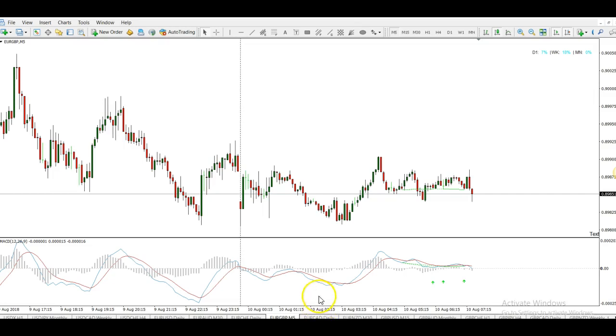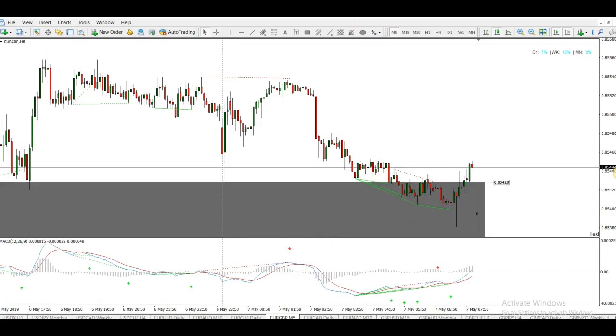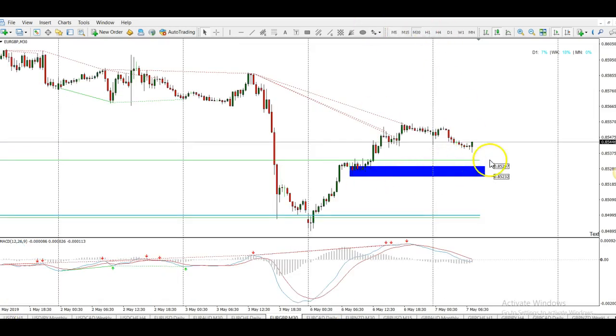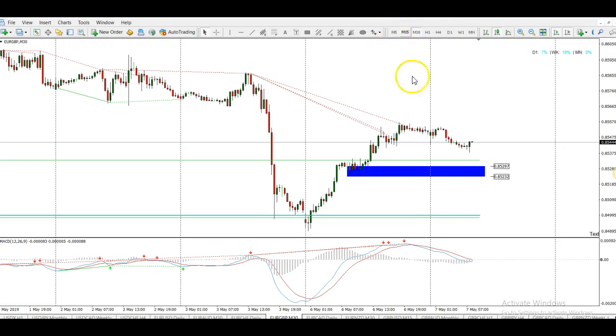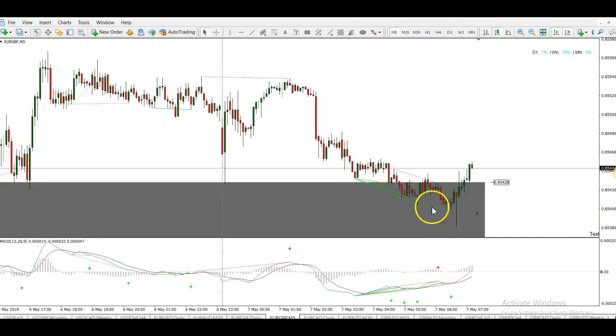Okay, so that was the 5-minute signal there, coming back in with this move up on 5-minute charts. You can see here a lot of signals inside that 30-minute zone.